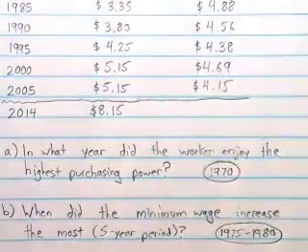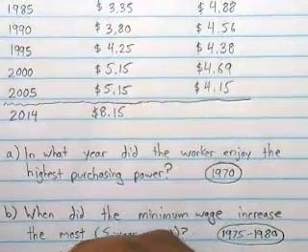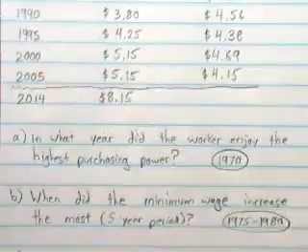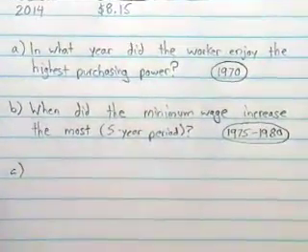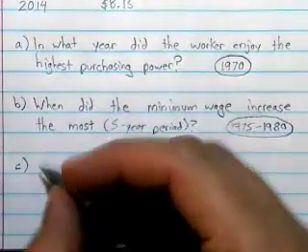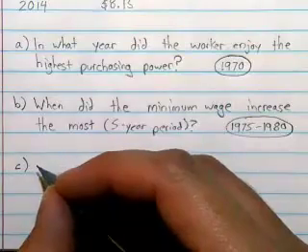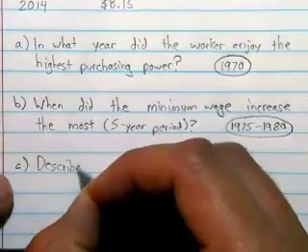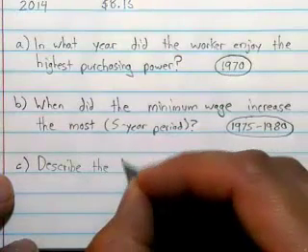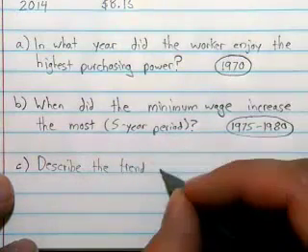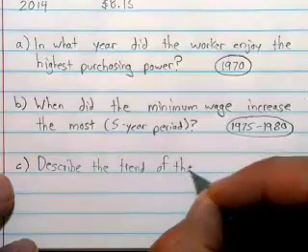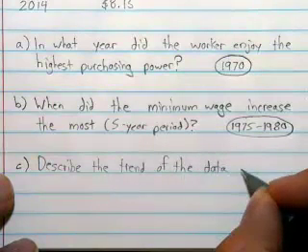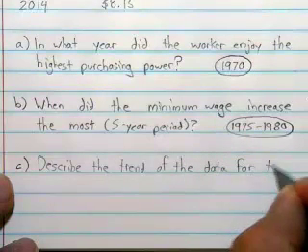The other questions I'm going to ask you are a little bit more general, and this is going to be a lot more just from what you're seeing on the graph. So describe the trend of data for the purchasing power.